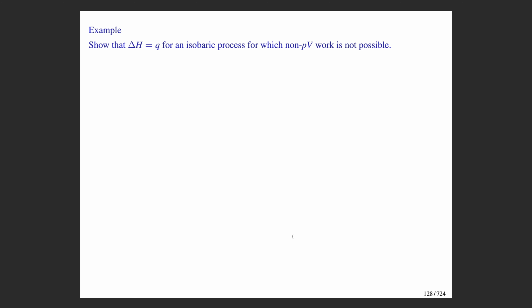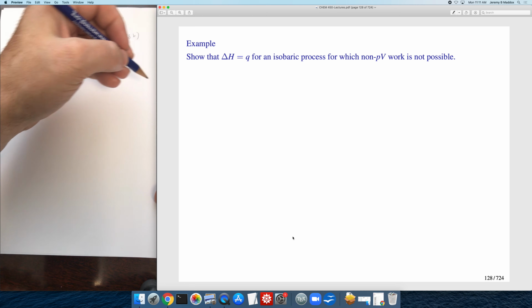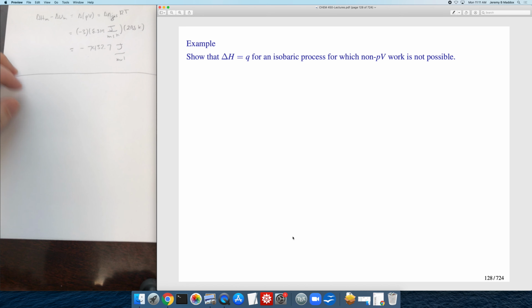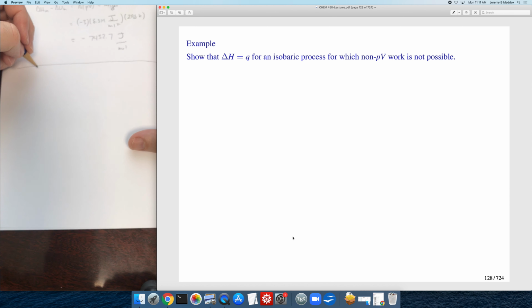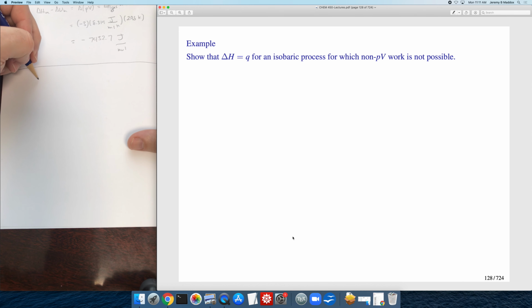Here we're being asked to do a little derivation. They want us to show that delta H equals Q for an isobaric process. So let's start with just the definition of enthalpy.